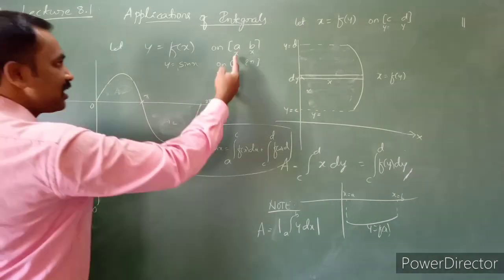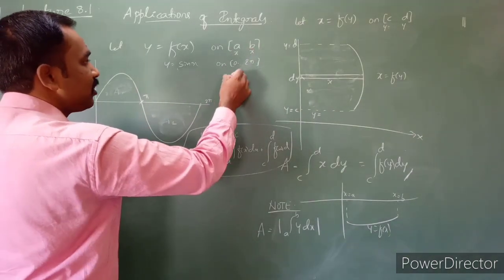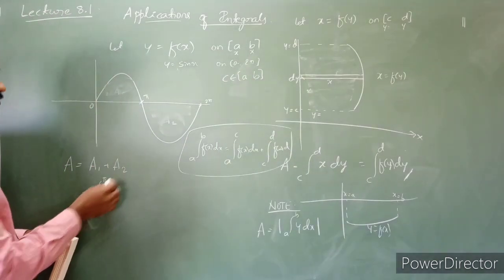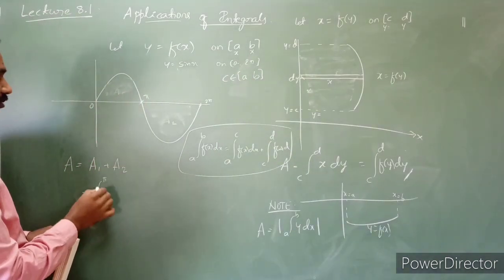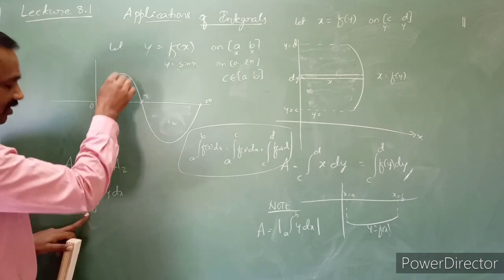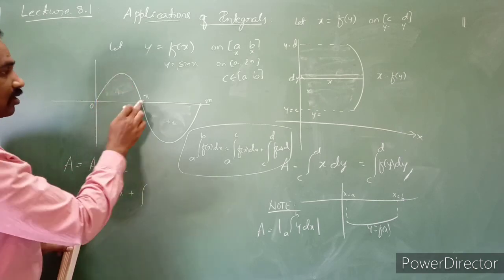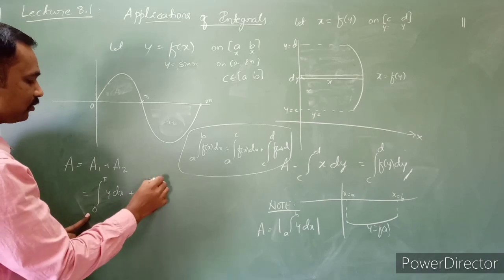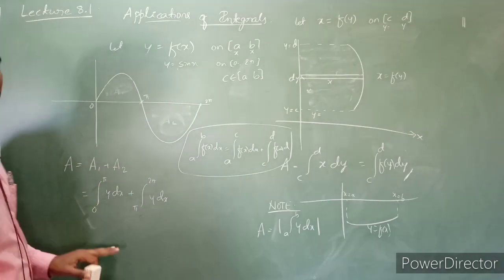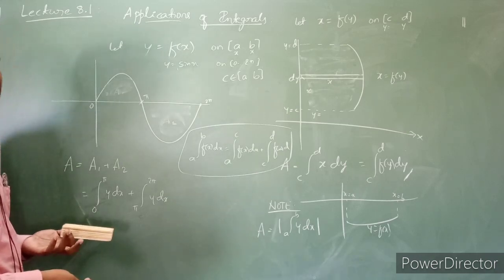In the same manner, as a generalized problem, c belongs to the closed interval a comma b. First of all, write integral of 0 to pi y dx plus integral of pi to 2 pi y dx. What is the y value? The sin x value. Replace it, simplify, and you get the required area.